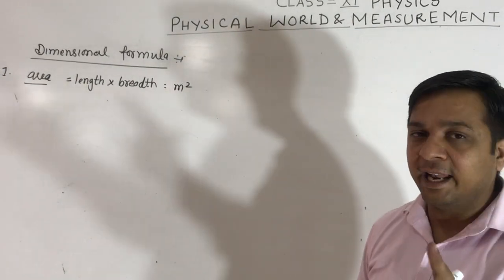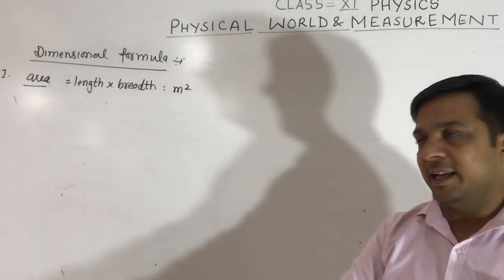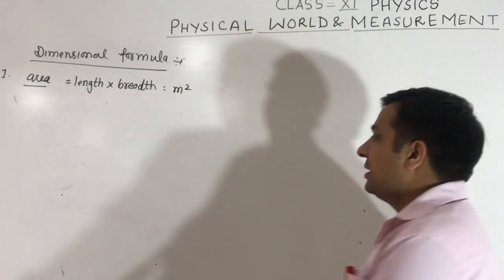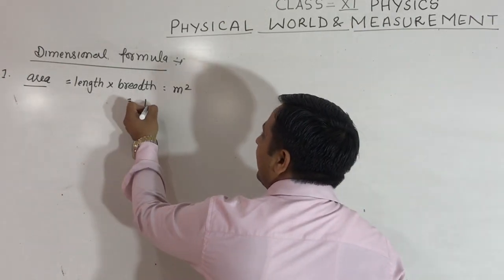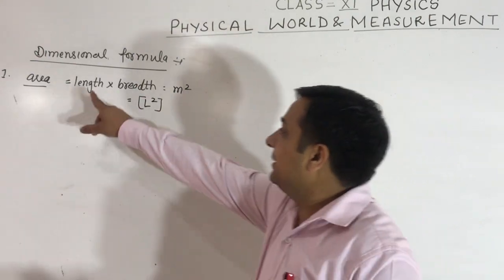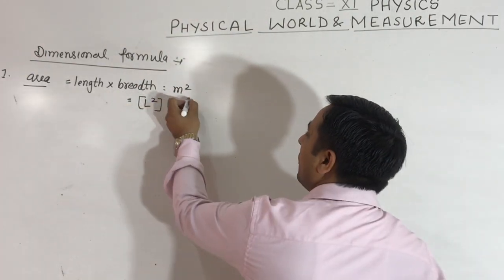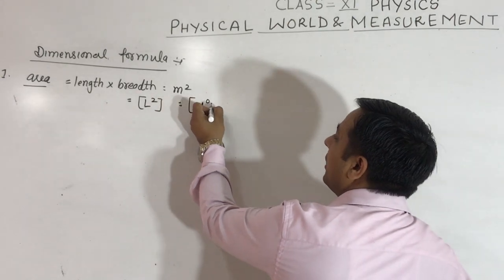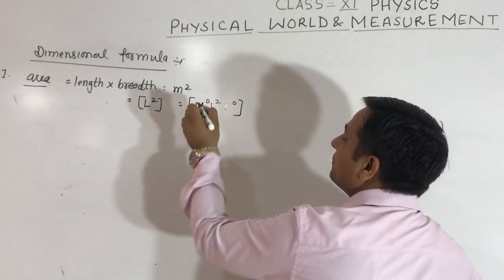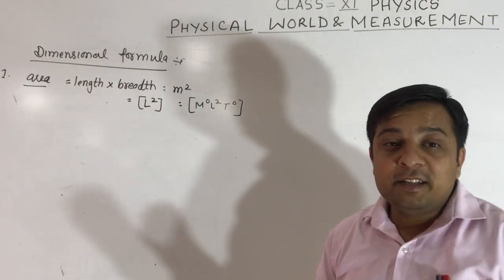For meter L, kilogram, gram M, time second, minute T. Then here you can write L square. For meter L, length L, breadth L becomes L square, and the complete form you can write M0 L2 T0. This is the dimensional formula of area.